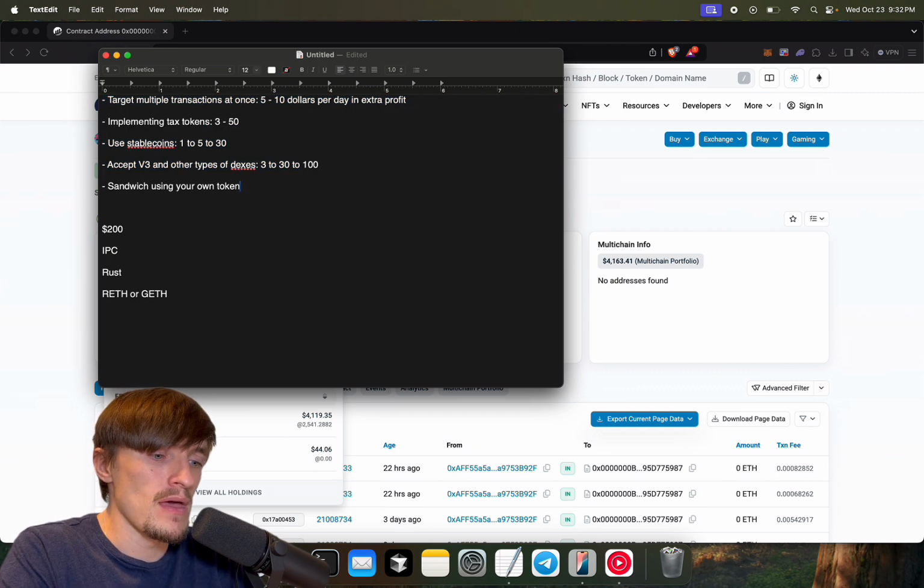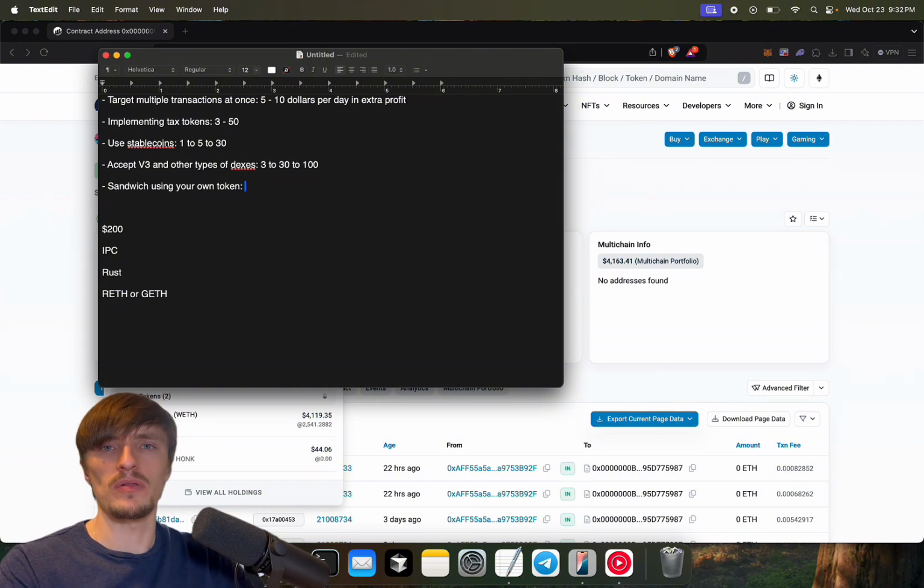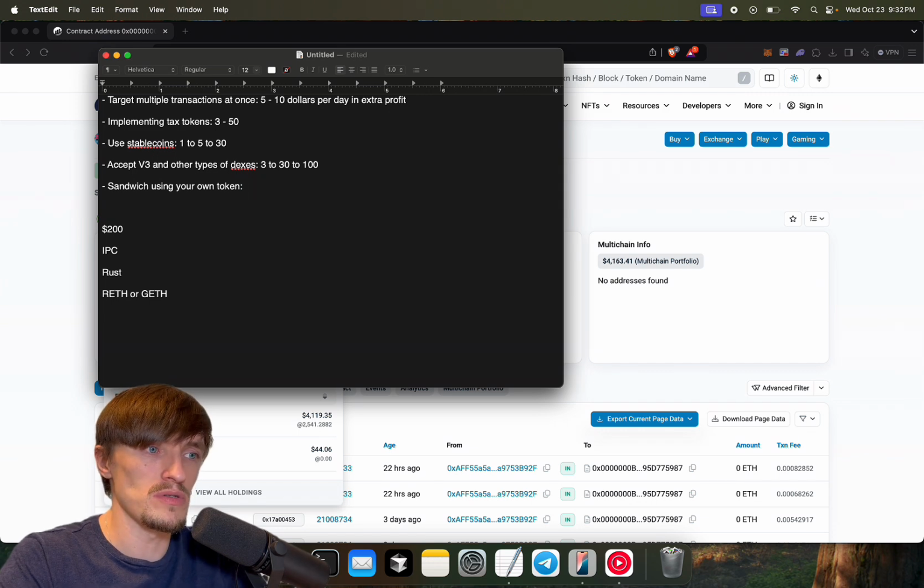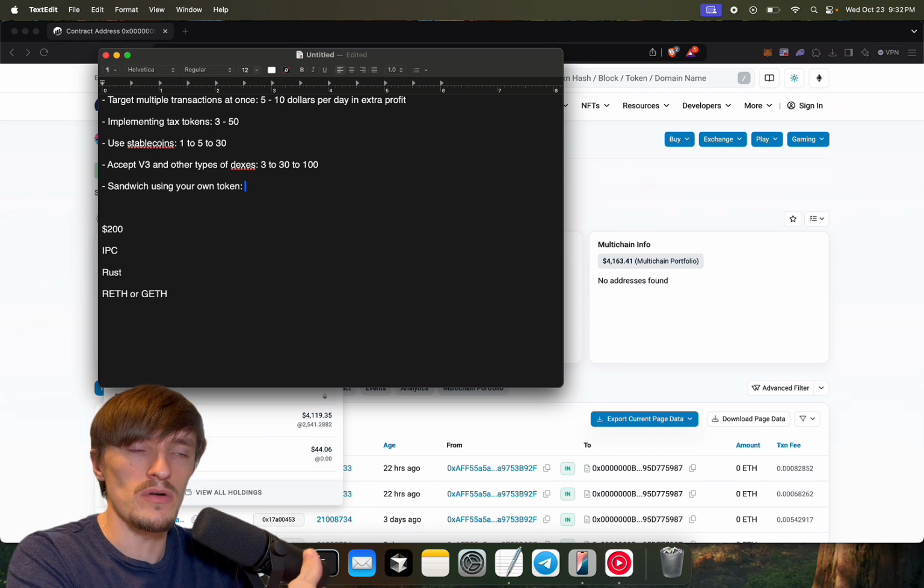You see, this one, I would say this is the most profitable one, because sandwiching using tokens or holding tokens is the less competitive thing, because not many people are holding tokens, right? Most sandwich bots use wrapped Ether or stable coins because that's the token they want to hold.